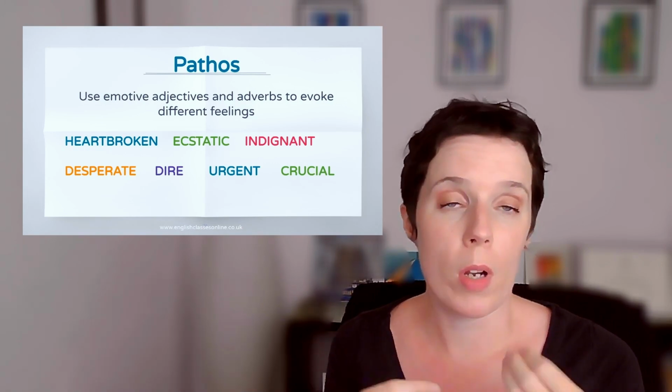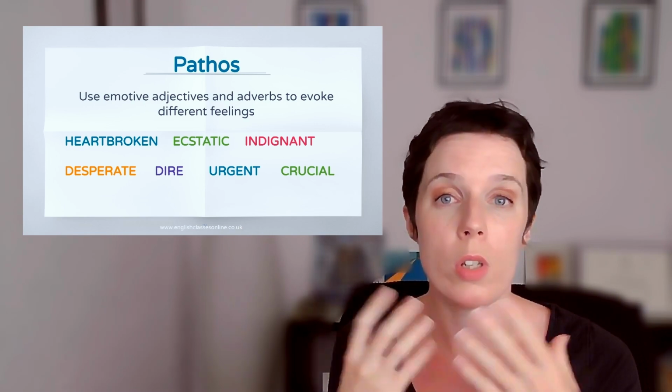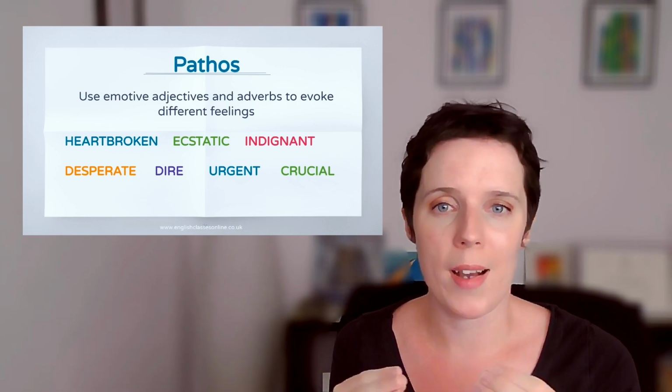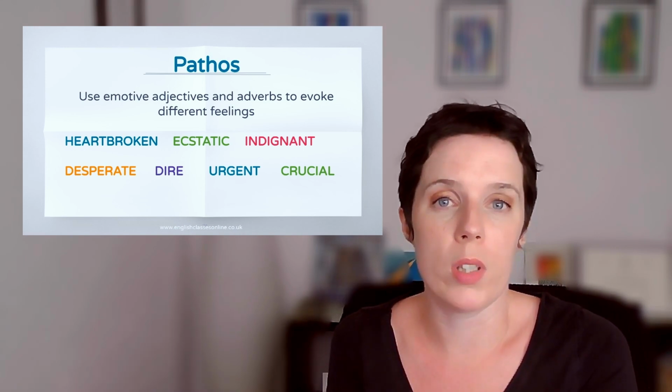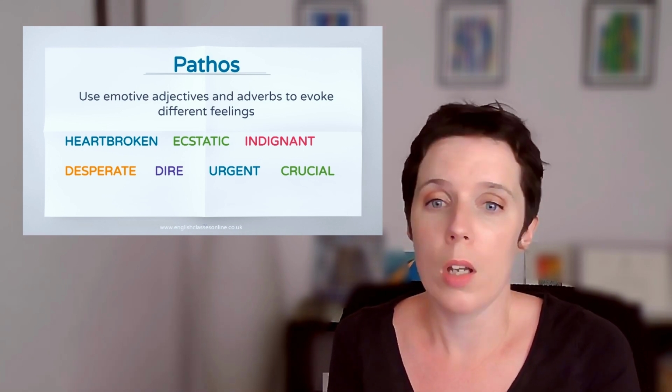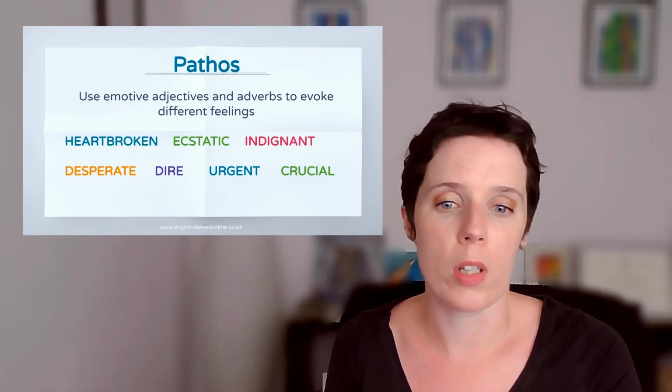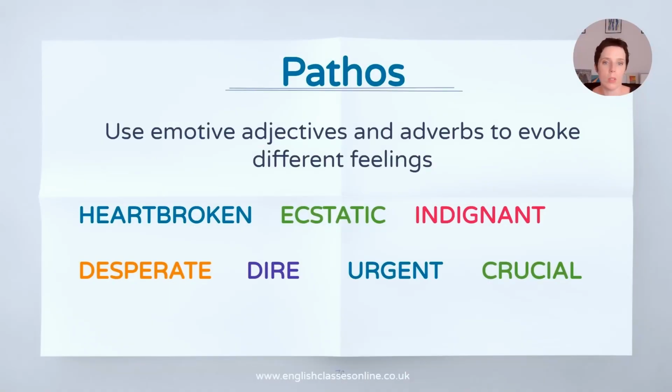Pathos, again, we're trying to appeal to emotion. So you need to be using emotive words, adjectives and adverbs that cause or evoke different feelings in the reader. So you can use adjectives like heartbroken, ecstatic, indignant, dire, urgent.